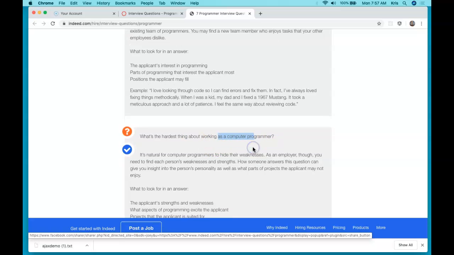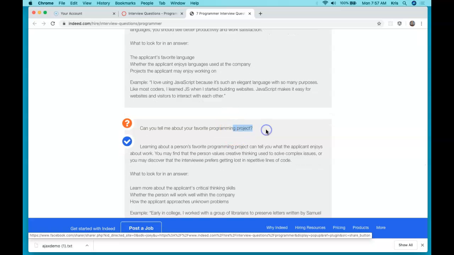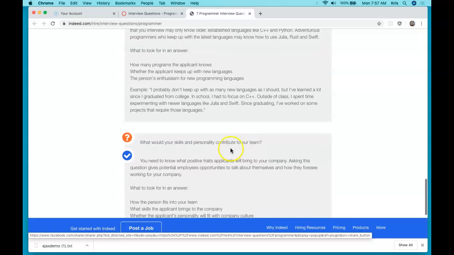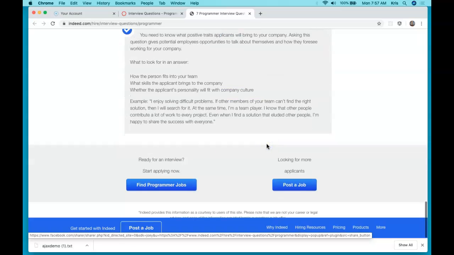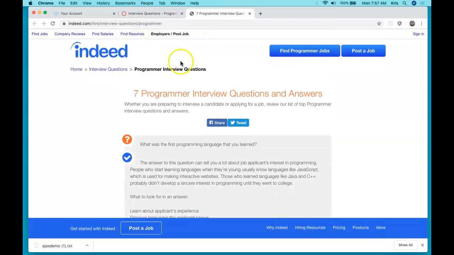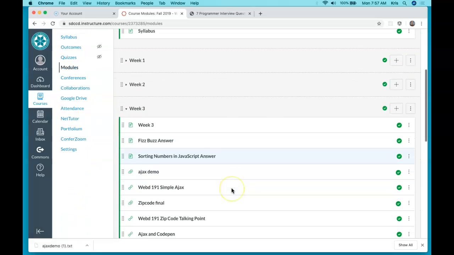What's the hardest thing about working as a computer programmer? Favorite language? Why? Best project you ever did? Most recent language? Skills and personality? Very open-ended. But that's from Indeed, and I trust it. I think it's quite good. As a matter of fact, I've talked to many students who have said that was accurate. So that's another open-ended human resources interview.